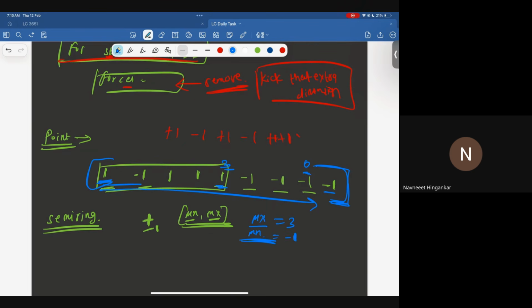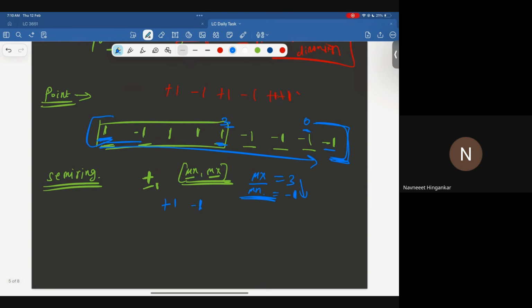But if you check how this 3 to minus 1 took place, because the changes are always plus 1 and minus 1, I can say that the curve is continuous, and it will cross 0, right? Because it will cross 0, I can say if my max is greater than or equal to 0 and my min is less than or equal to 0, I can surely say 0 lies in that segment. And you can see here, 0 lies in this segment.